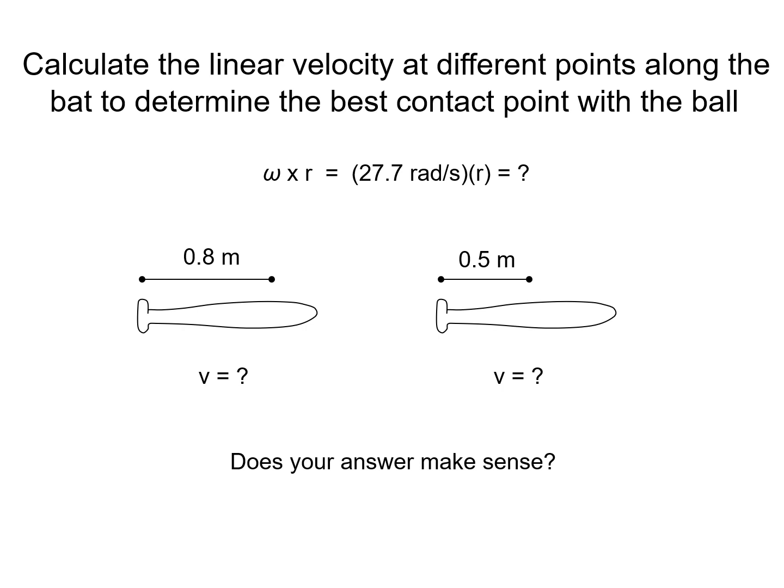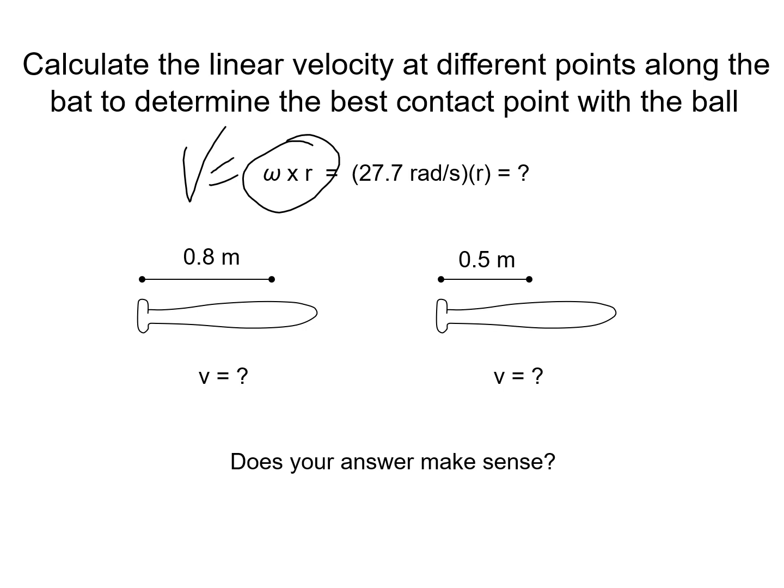Now let's see if the radius of rotation is important in the calculation of linear velocity from angular velocity. If we simply look at our equation, linear velocity equals angular velocity times the radius of rotation, we can see it's a multiplication problem.